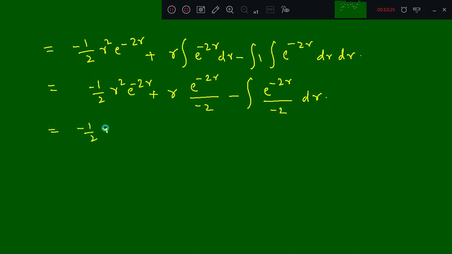Minus 1 by 2 r square e raised to minus 2r minus 1 by 2 r into e raised to minus 2r, then minus its integration is e raised to minus 2r divided by 2, this into 2, then this is already minus to minus plus, then this minus comes here, so it is 1 by 4 e raised to minus 2r.